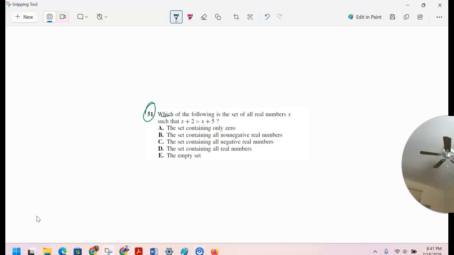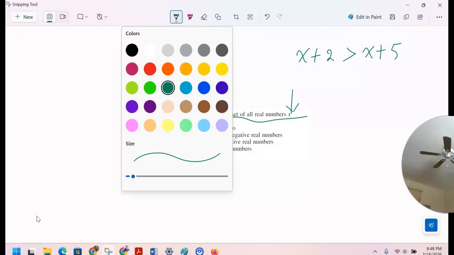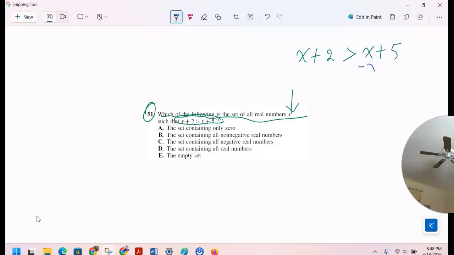Question number 51. Which of the following is the set of all real numbers? In other words, what should x be so that if you plug it in, it is true? That means you have x plus 2 and x plus 5. If I get x on one side, you subtract x from both sides, this crosses out, and you get 2 greater than 5.